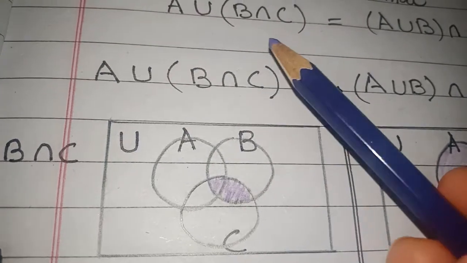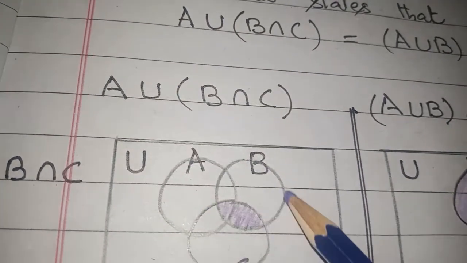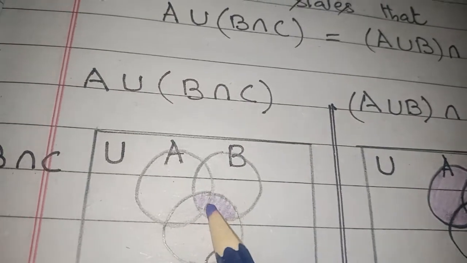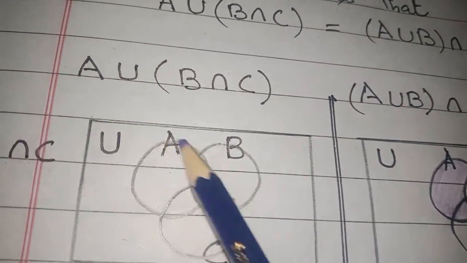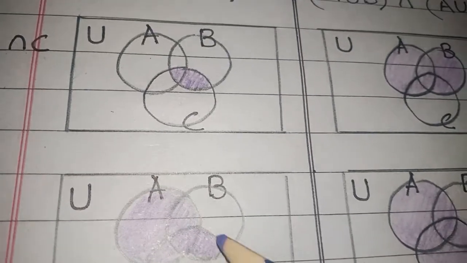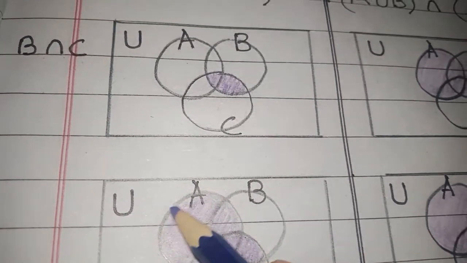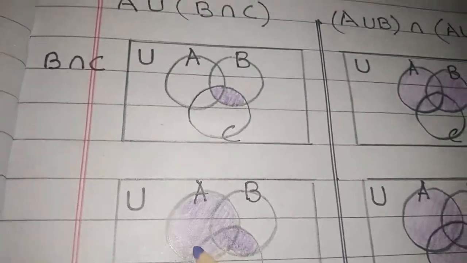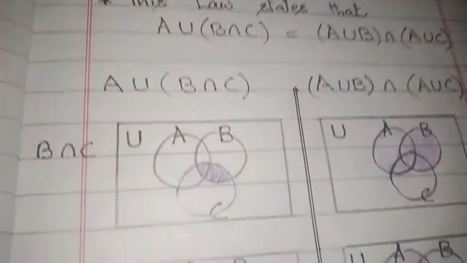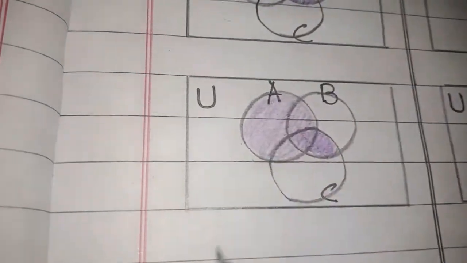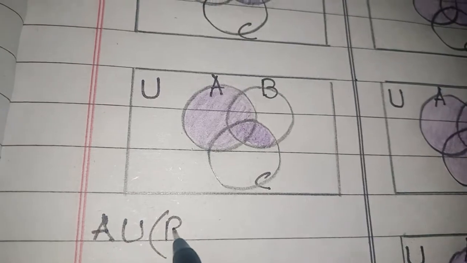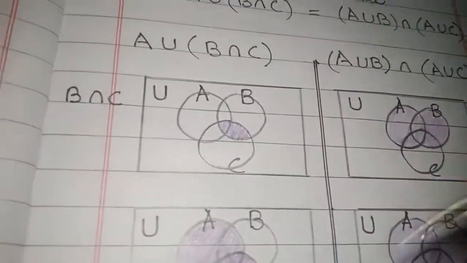And then in the next part, I'll find the union of this part with circle A, or with set A. This is the intersection area, and I have made its union with circle A. I have colored the whole of circle A, and this is the intersection area of B and C. So this is the final answer of our left hand side, A union (B intersection C). I have solved it in two steps.